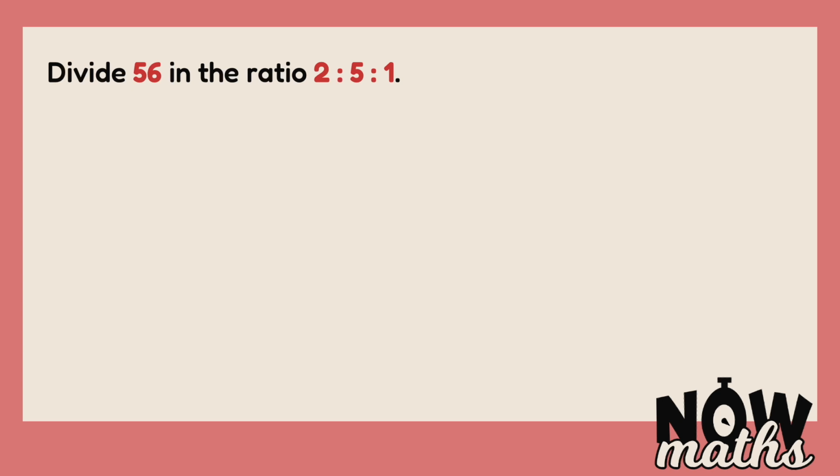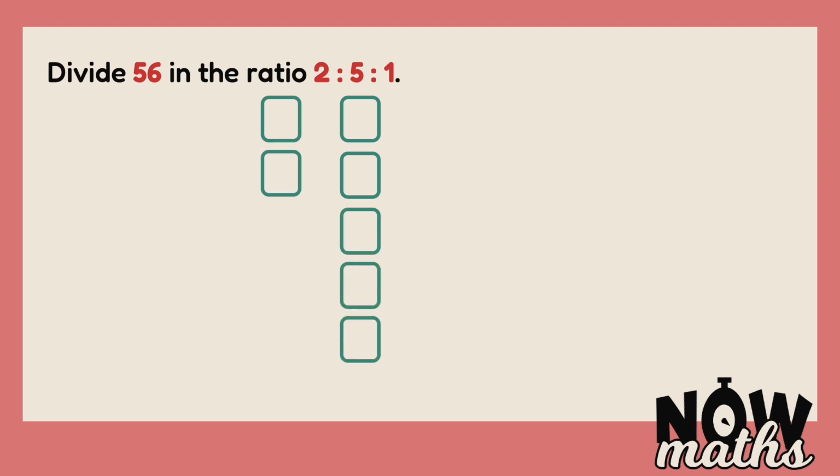So we'll look at the ratio first and we're going to draw a diagram to help us. So looking at the 2 parts of the ratio which comes first, we'll draw 2 empty boxes to represent this. The 5 parts comes next, so we'll draw 5 empty boxes to represent the 5 parts. And finally there is a 1 in our ratio, so we'll draw just 1 empty box to represent this.